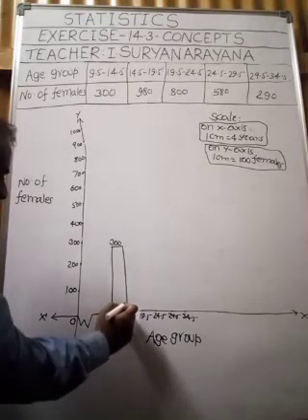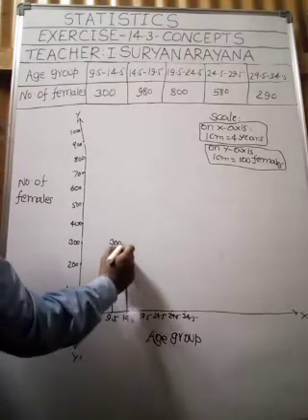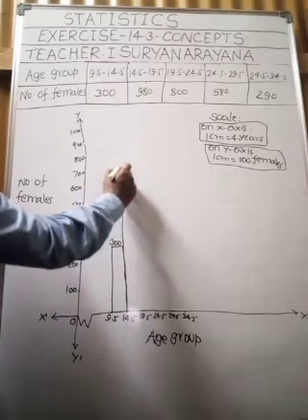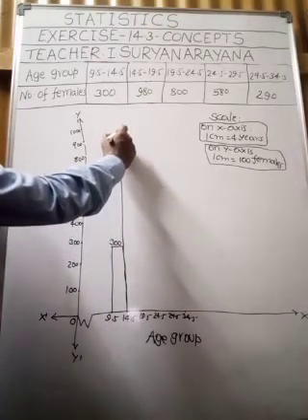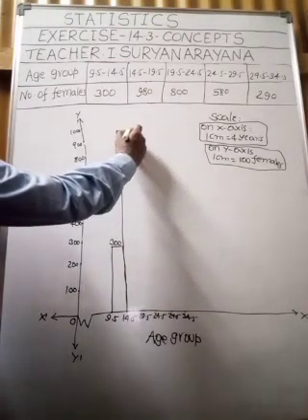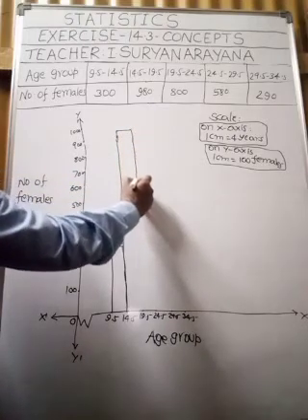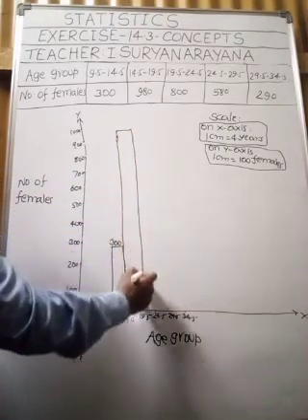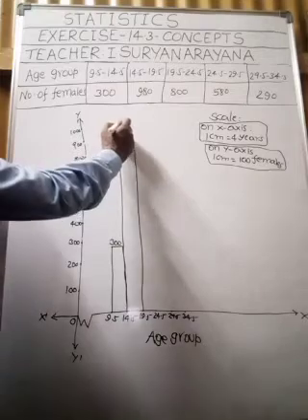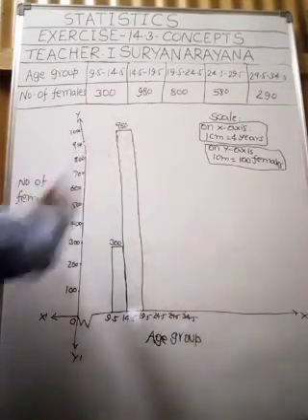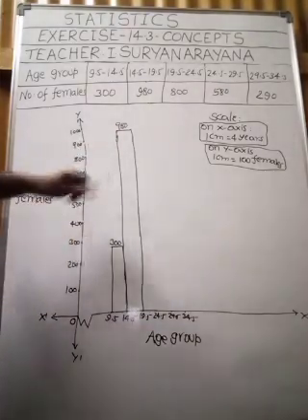So this is 980 females. Understood this second rectangle?